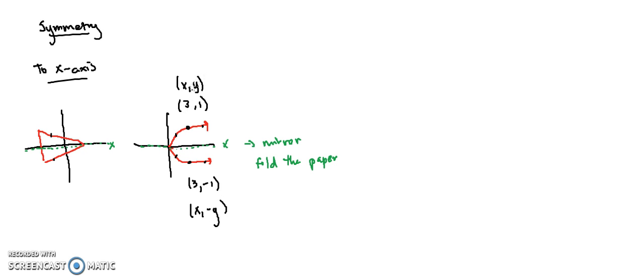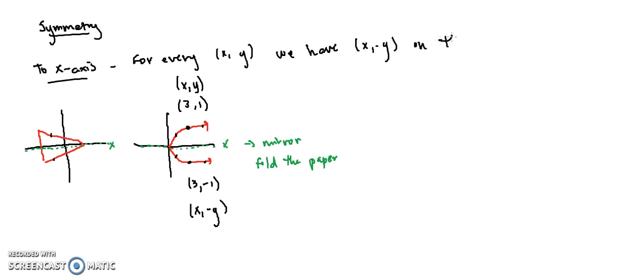Look at the pictures: for any point (x, y) that we pick, (x, -y) is on the graph. That gives us our way to quantify this. For every (x, y), we have (x, -y) on the graph. If that's true, then we know that this is symmetric to the x-axis.